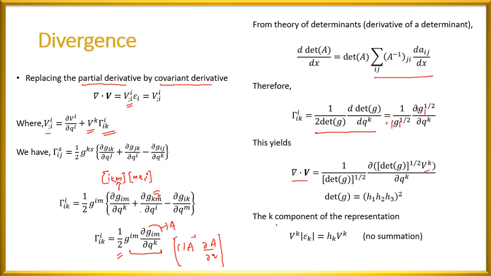Therefore, we can replace the kth component of this expression as written in this form. See, we have no free indices. Here we have only dummy indices. Therefore, no free indices are available. Therefore, the answer here is a scalar.